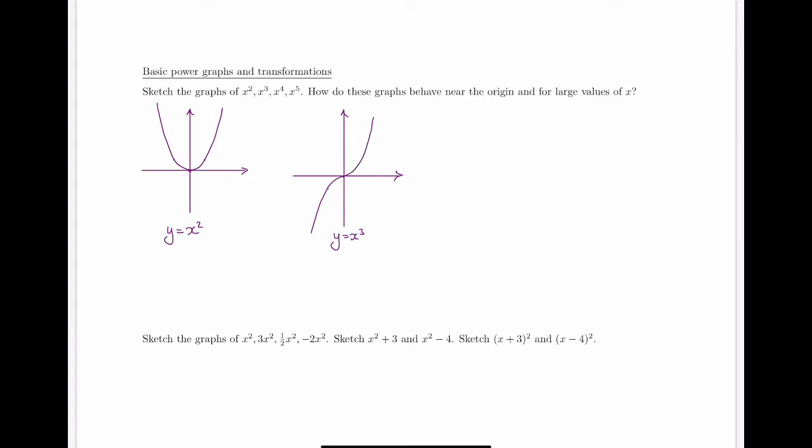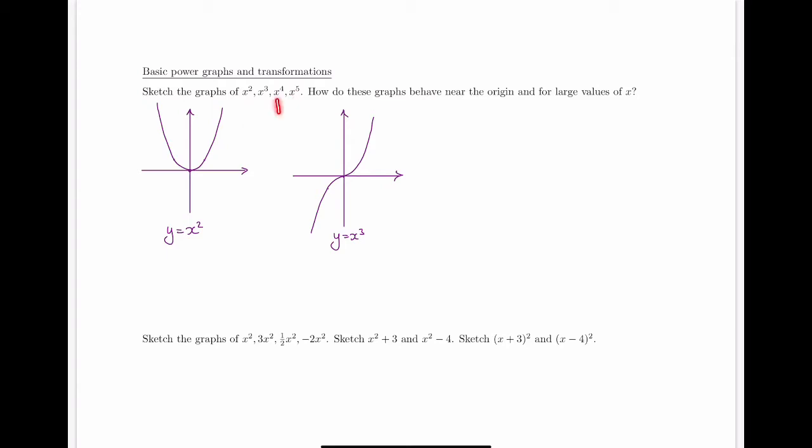Okay? Now, what if we were to think about higher power graphs, so x to the 4th or x to the 5th? It doesn't take very long to realize that x to the 4th will have a shape that looks like the quadratic or parabola function, whereas x to the 5th will look like the shape of a cubic, this wiggly, snaky shape of a function, right? Just think about the numbers.